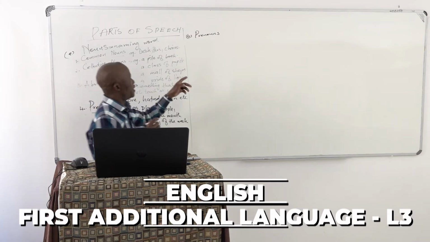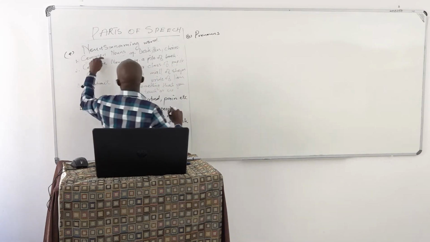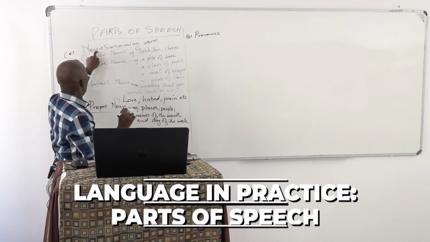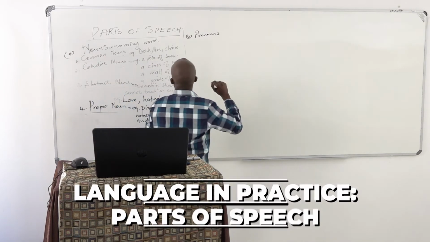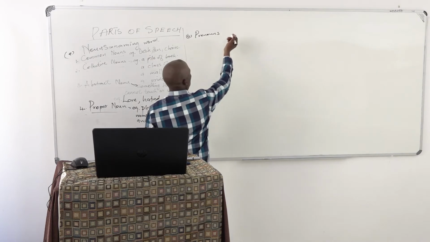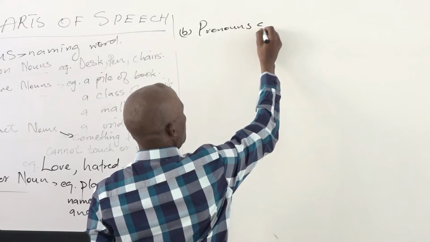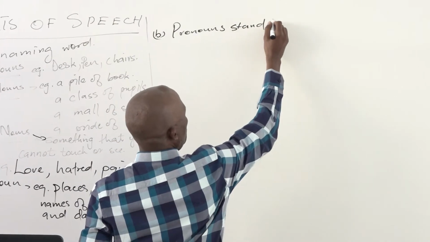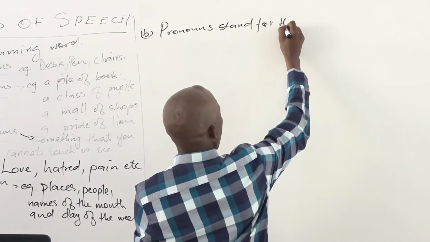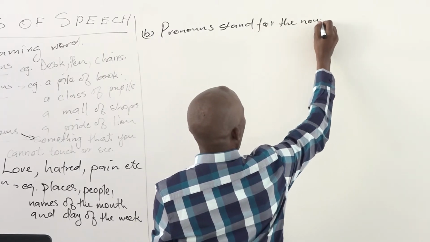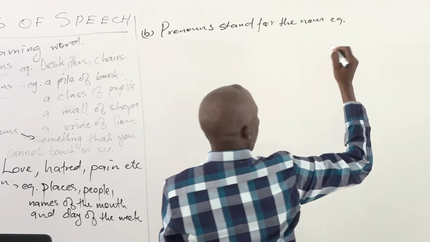They stand for the places of the nouns, especially common nouns, that refer to names of objects or things that we see and that we can touch. Pronouns stand for the noun.